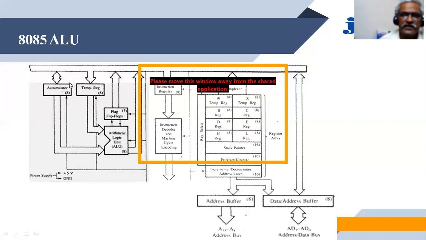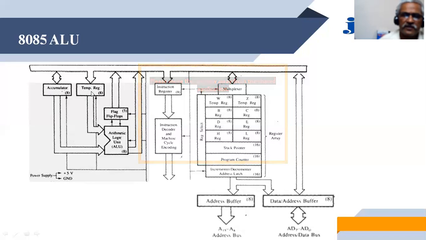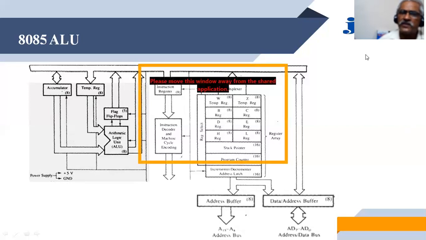One of the two operands is read through the accumulator. The second operand is read through the temporary register. The result is transferred back into the accumulator, from which it can be transferred into the registers or to the external storage.